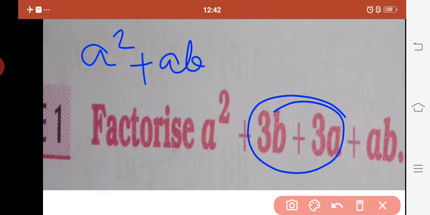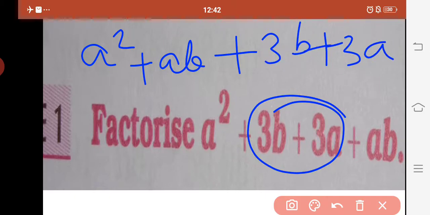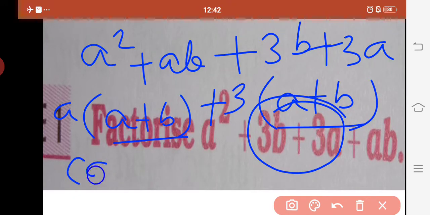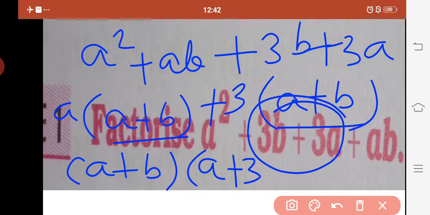A square plus ab plus 3b plus 3a. Here again a is common, we are left with a plus b. Here 3 is common, we are left with a plus b. Now see, a plus b is common, and then we are left with a plus 3. This is the other way.